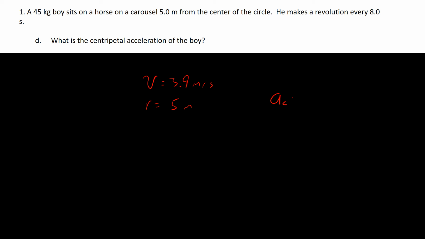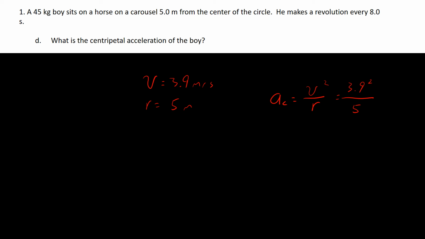Centripetal acceleration is equal to velocity squared divided by the radius, okay? And so I've got everything I need, right? 3.9 squared divided by 5.